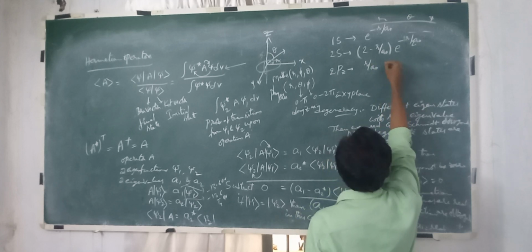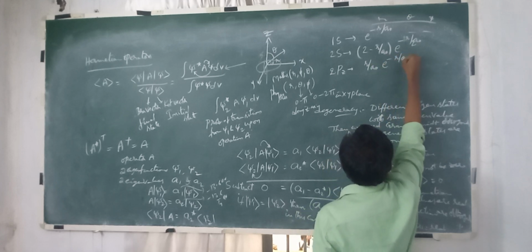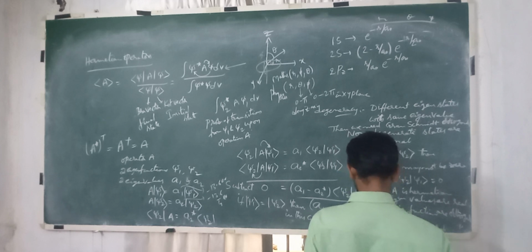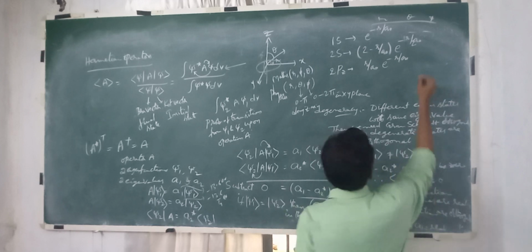r by a naught e power minus r by 2 a naught cos theta.